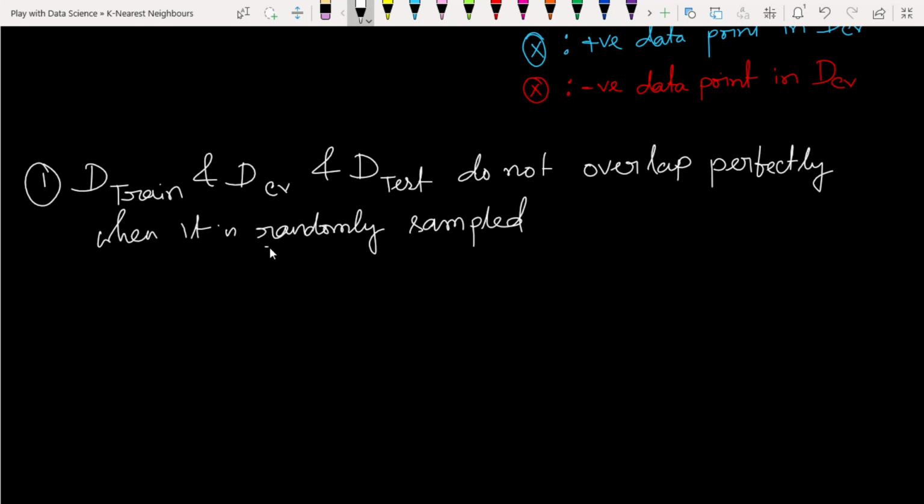This is the main thing. If it is randomly sampled, then it does not overlap perfectly. These two things are main.